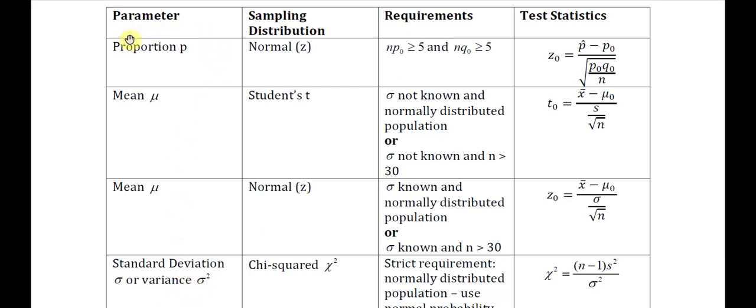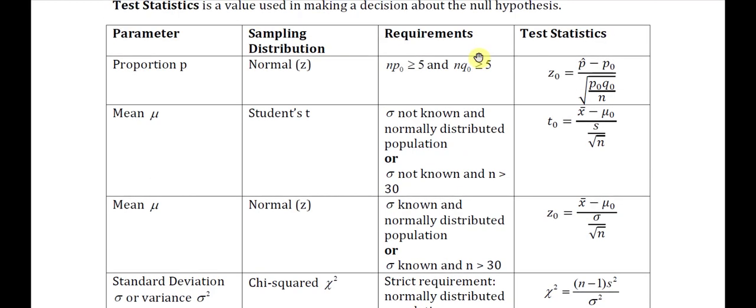Now, we use the same distributions that we saw in chapter 7. For the proportion p, we use the normal z for the sampling distribution, and the requirement is that np0 has to be bigger than or equal to 5, and nq0 has to be bigger than or equal to 5. And this is the test statistic that we saw in chapter 7.